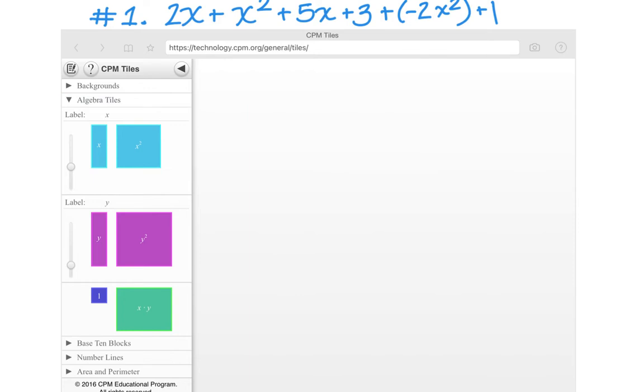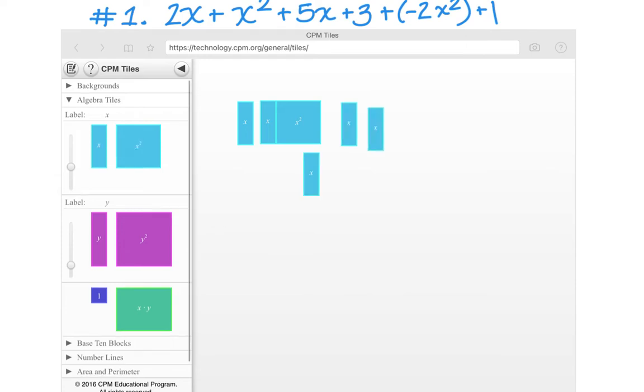So the first step I'm going to do here is build all of our tiles. So we start with 2x, and then we are going to move to x squared, and then I've got 5x, and then I've got plus 3, and then I've got plus negative 2x squared.